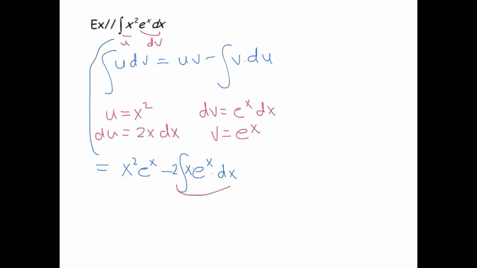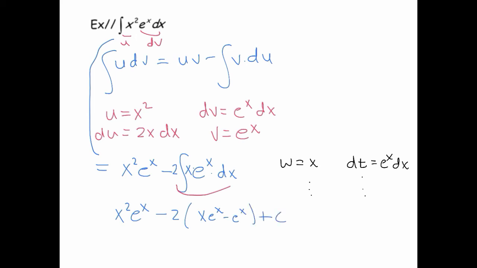If you let, I should probably use a different letter than u, but maybe if you let w be x and dt be e to the x dx in this problem, you're just redoing what I did in the last video, and you'll end up getting x squared e to the x minus 2 times what we got to be the antiderivative of x e to the x, which was x e to the x minus e to the x, all that with a plus c.